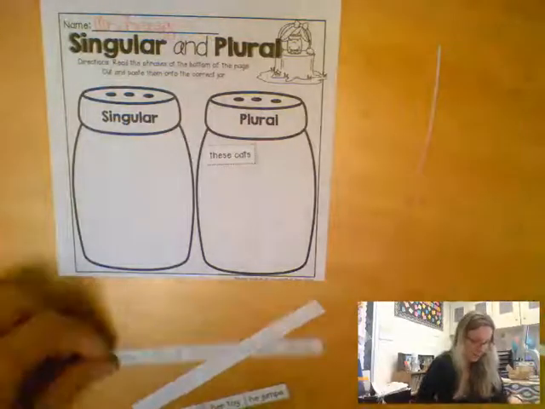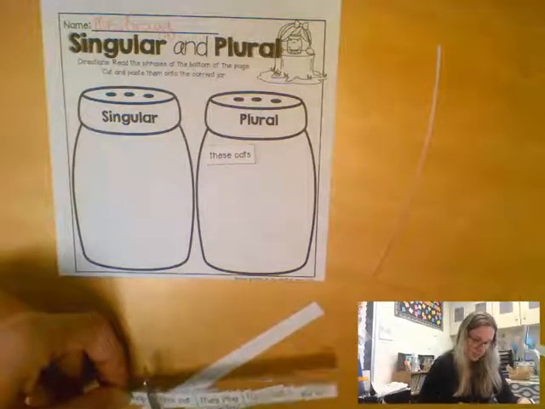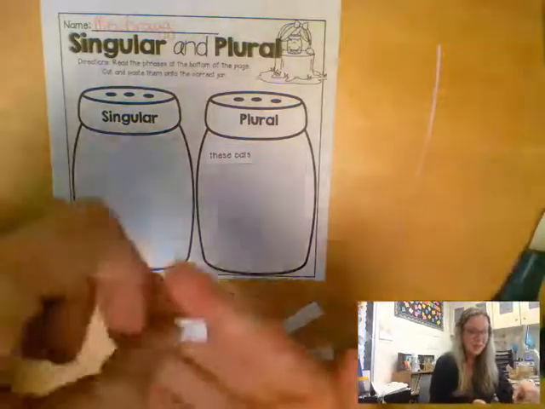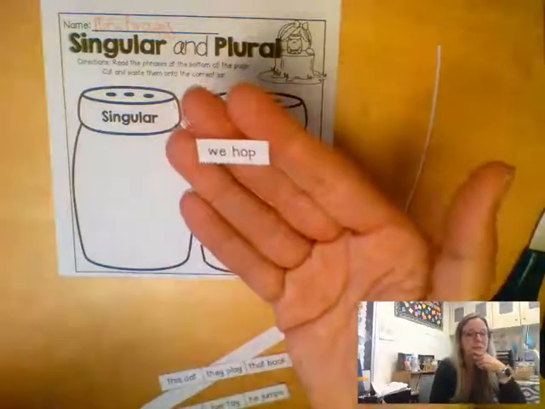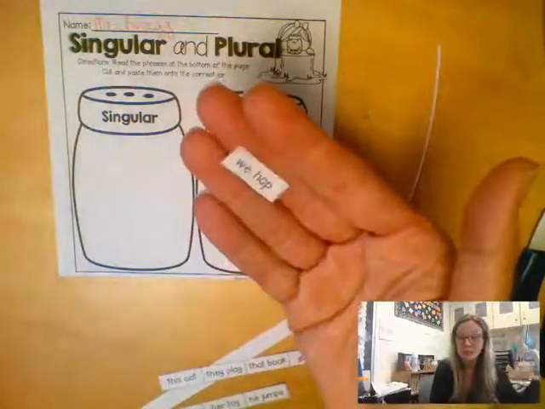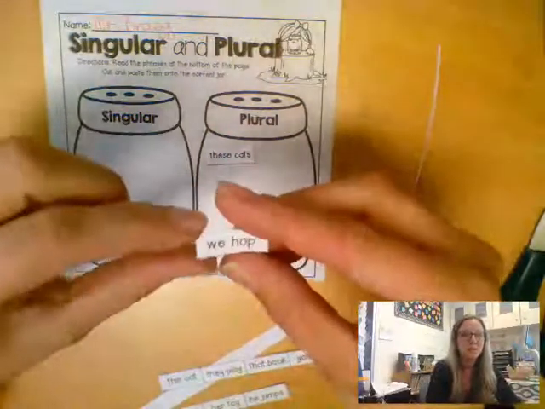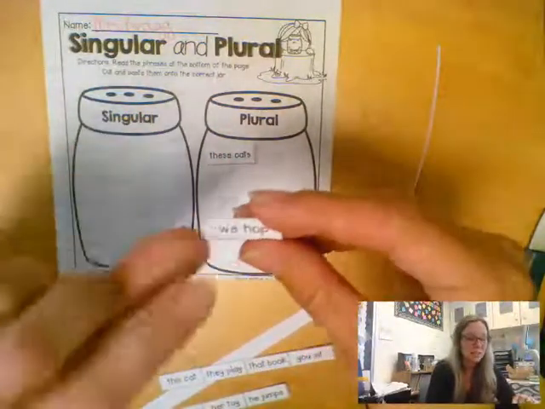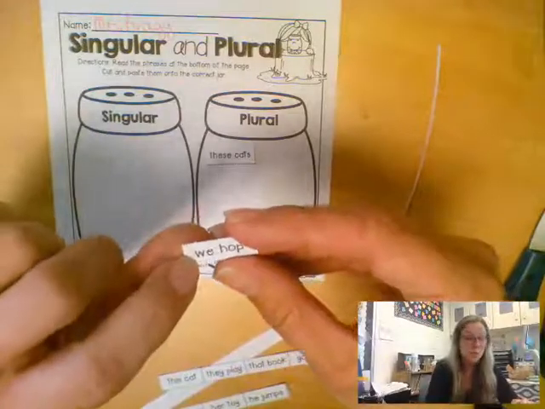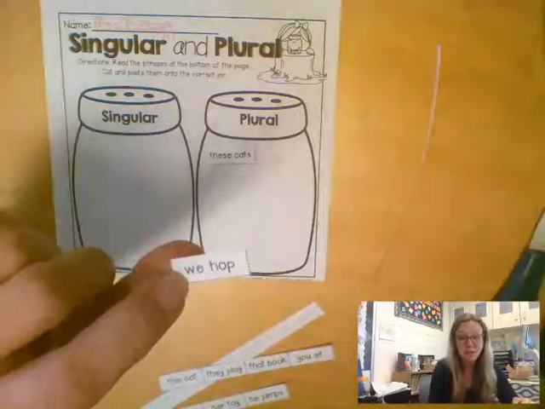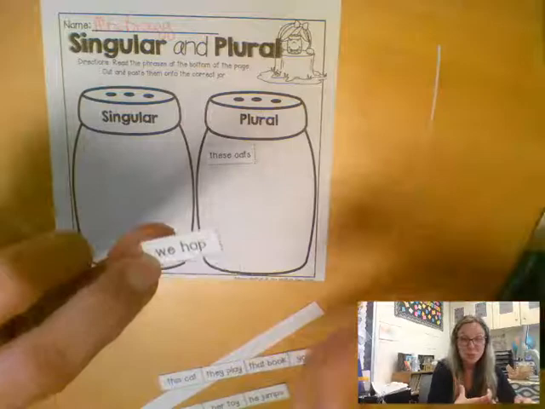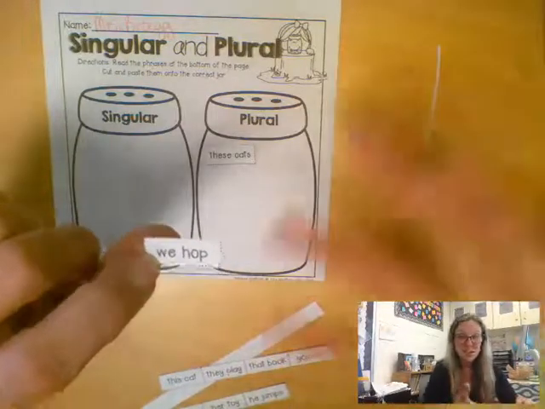Okay. Now this one here says we hop. Now, don't just look at hop and say, oh, hop, no S. It must be plural, because in this case, we're looking at the pronoun we. And you know that we means yourself and other people. So it's not just you, and it's not just me, it's we.